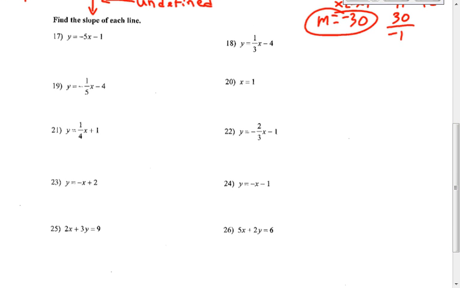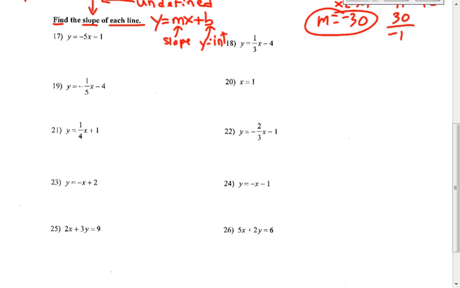The last couple, 17 through 26, ask you to find the slope of each line, just the slope. So we want to write the equation of the line down. This is y equals mx plus b. The number before the x, the coefficient, is always the slope. And the other number is the y-intercept.